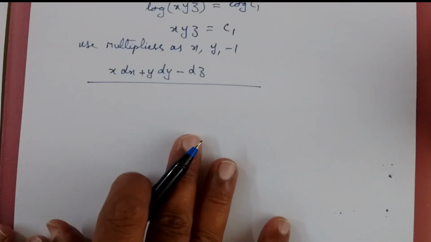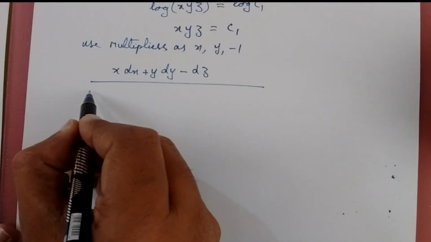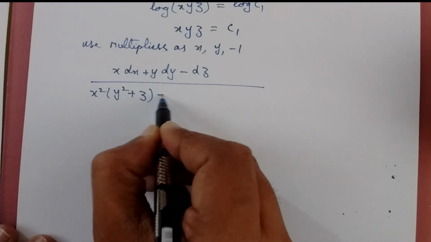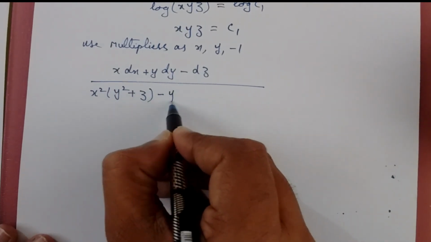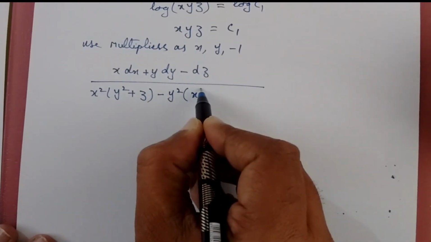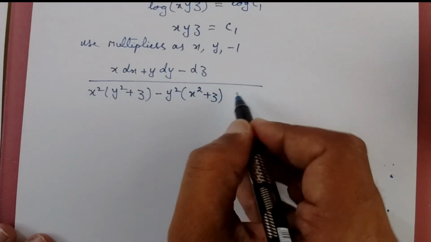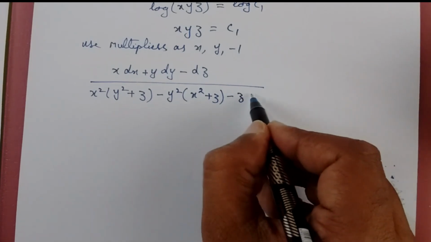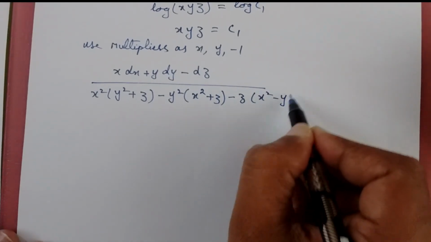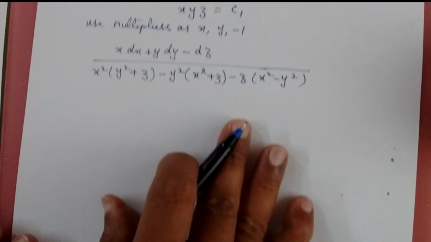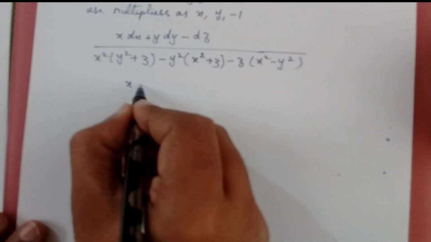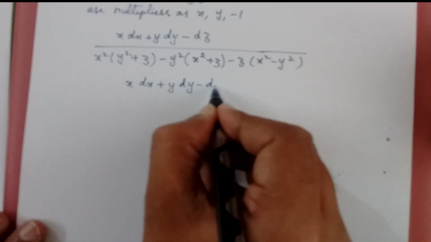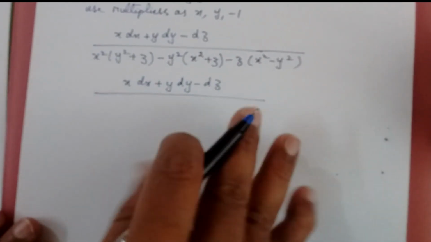divided by. The first term is multiplied by x, so it will be x square times of y square plus z, minus, it is multiplied by y, so y into y will be y square times of x square plus z. Minus 1 is the multiplier, so minus 1 into z will be minus z into x square minus y square. So therefore we get x into dx plus y into dy minus of dz, it's whole divided by.